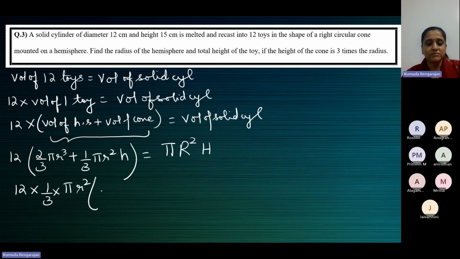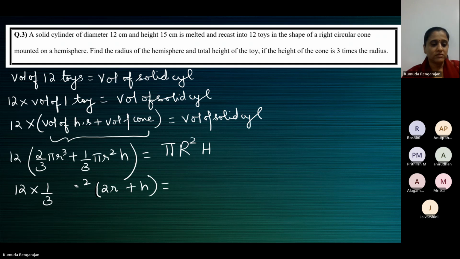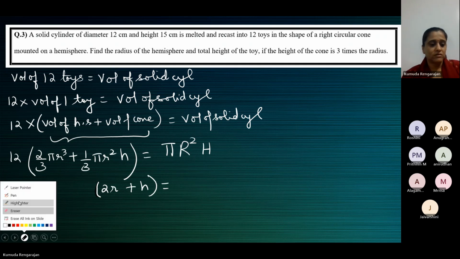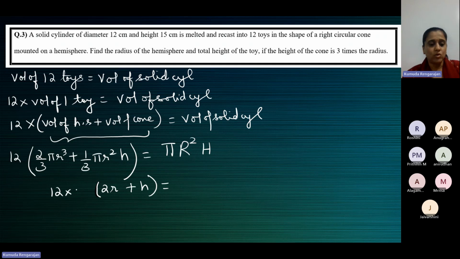Then in bracket, 2r plus h is equal to pi R square H. All right.